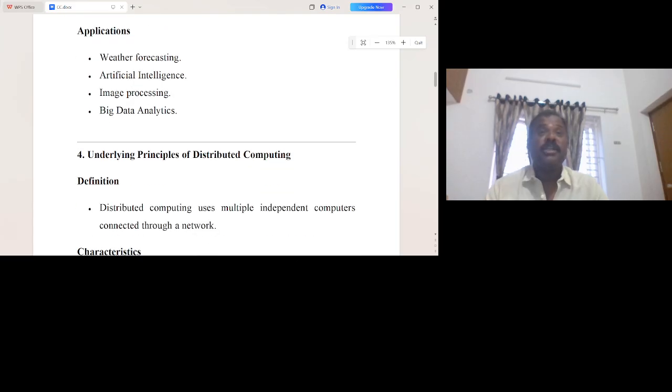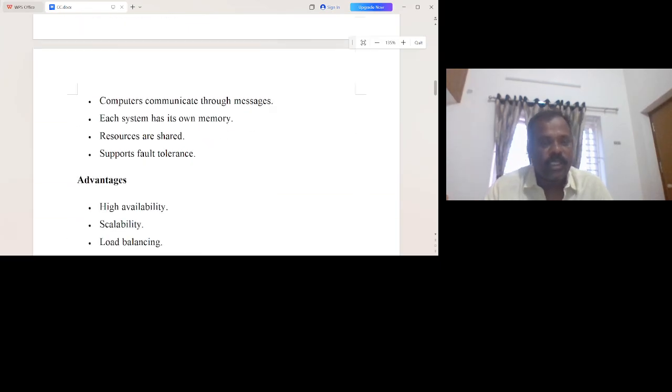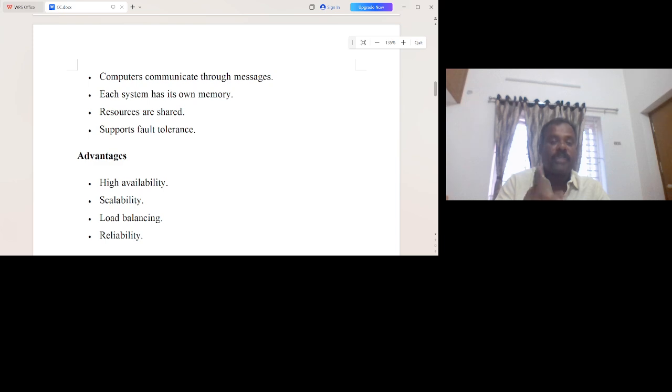Then next, distributed computing. Distributed computing uses multiple independent computers connected through a single network. Distributed computing characteristics: computers communicate through messages, each system has its own memory, resources are shared, and it supports fault tolerance.